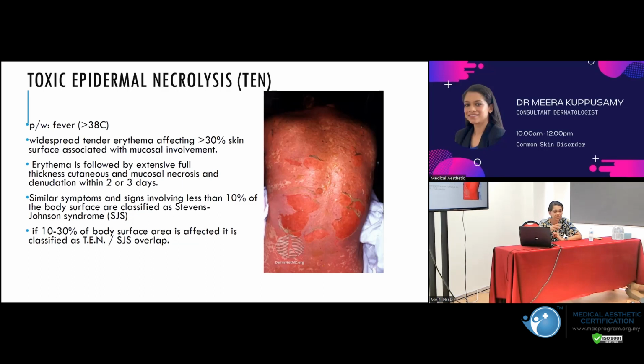The treatment of this, actually there is no specific treatment to treat this TEN. That's the sad thing. So basically supportive treatment, because the patient will have a lot of water loss. They can go into acute renal failure. The temperature will be haywire, very high sometimes, hypothermic, because they cannot regulate body temperature. They cannot eat because inside the mouth is all ulcers, so they are on tube feeding.